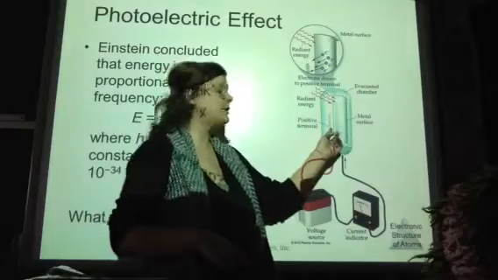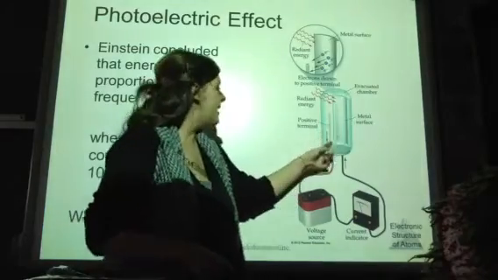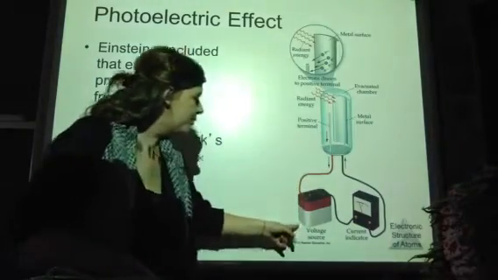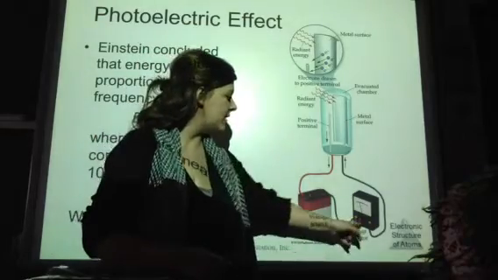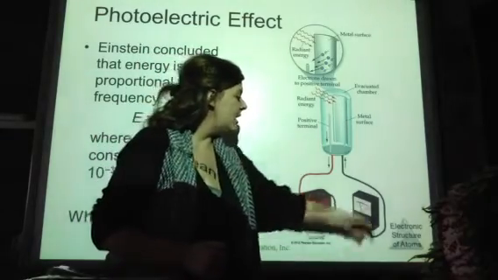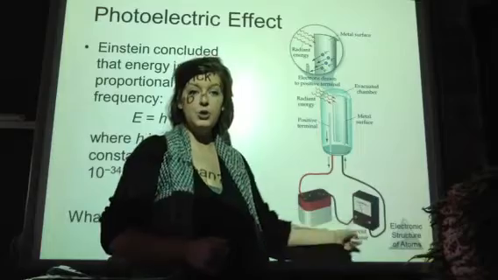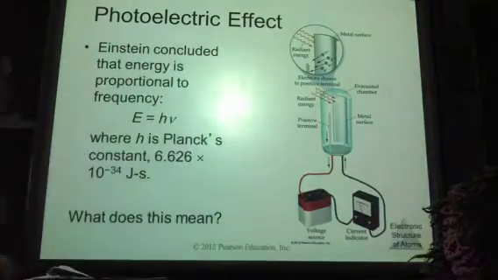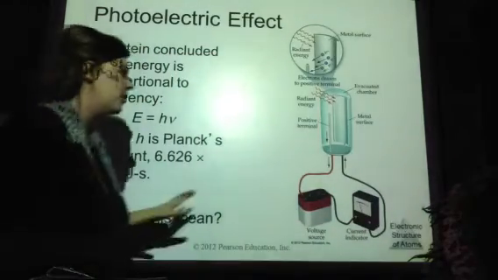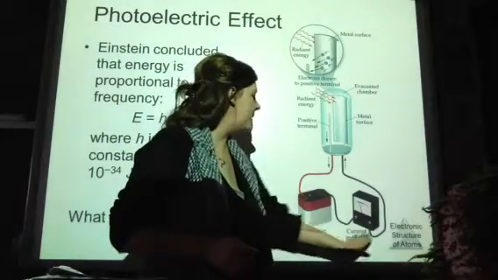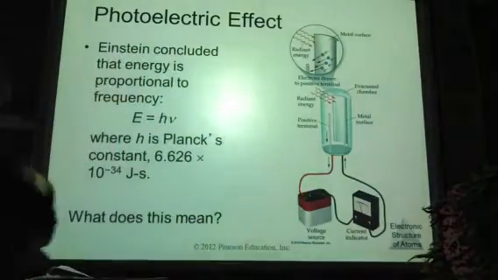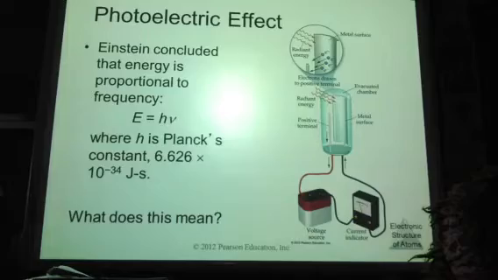And if they're attracted to the positive terminal, then current can flow through the wire into this battery, and I can see if I have a current on this current indicator. I should have a flow of current, and we see that that happens.